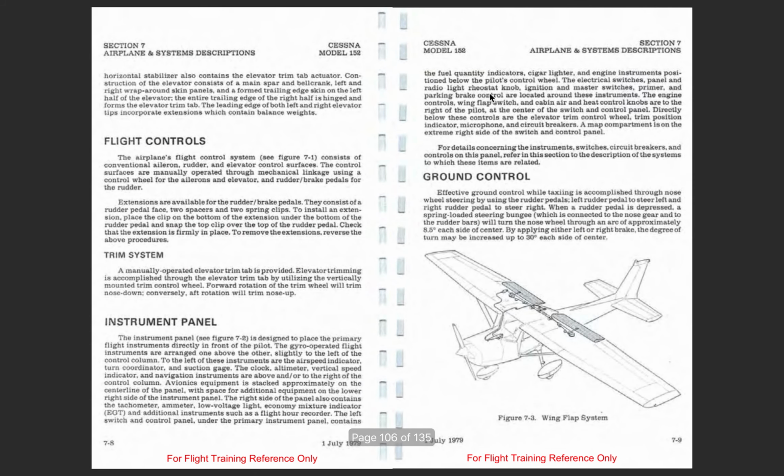So if you're wondering if you want to fact check me, or if maybe you're flying a plane that's different than a 152, maybe you're flying a 150 or a 172 or something just a little bit different, then this is where you're going to come in your particular POH to see what differences there are between what might be on my PowerPoints and what you are actually working with in real life, okay?